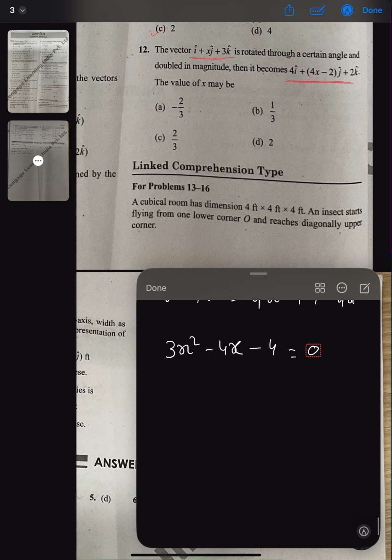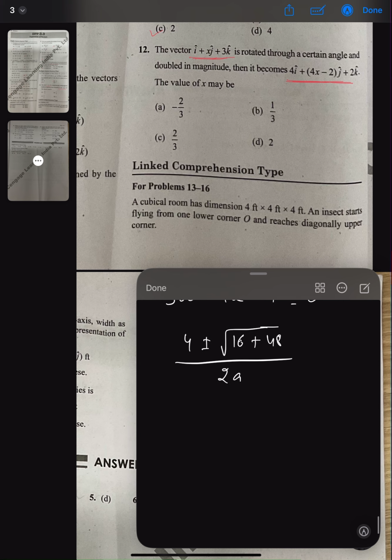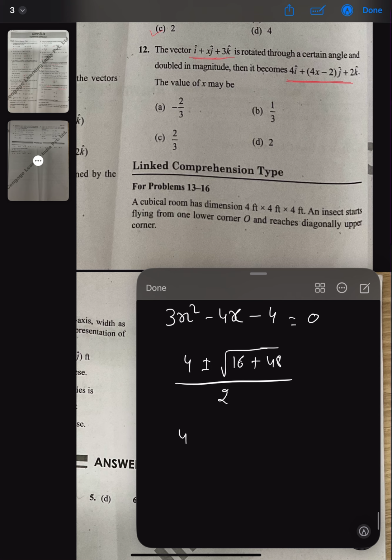Minus 4, yes. Now let's solve this. When we solve this, we will get 4 plus minus root of b square plus 4ac upon 2a. Hope you are understanding this. A is 3. So it will be 4 plus minus 8 upon 6.